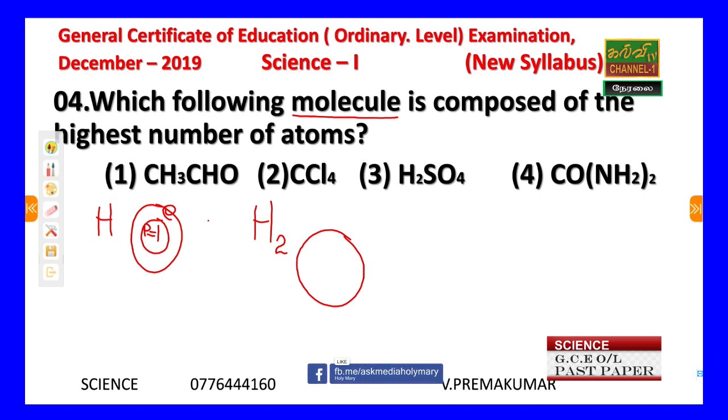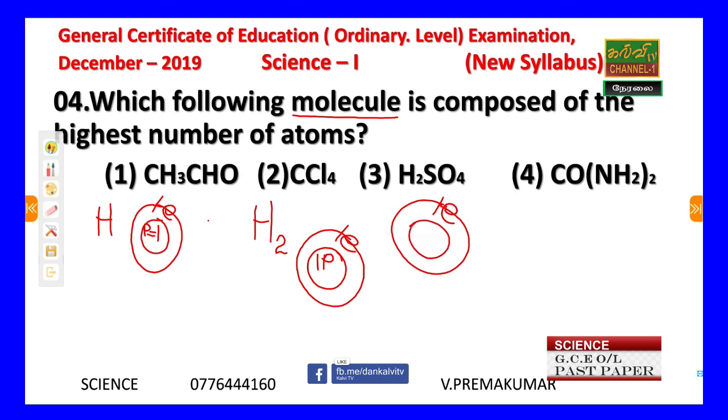Say this one has 1 electron, and inside it has 1 proton. Another hydrogen is also here, with 1 electron and 1 proton inside the nucleus. Now they are going to share their electrons, and we can draw it like this.